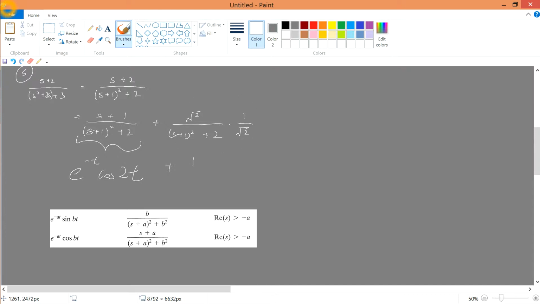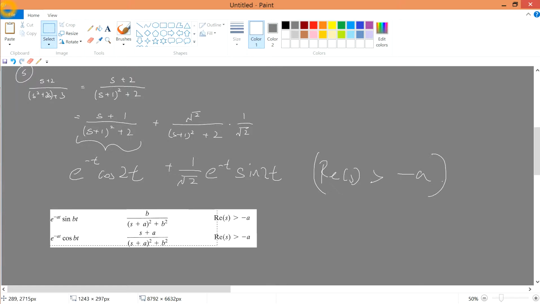It's just simply 1 over square root 2 and then e to the minus t sine 2t. Same thing. Where the convergence is minus a, and that's it. It's somewhat given to you, so you don't need to do anything about it.